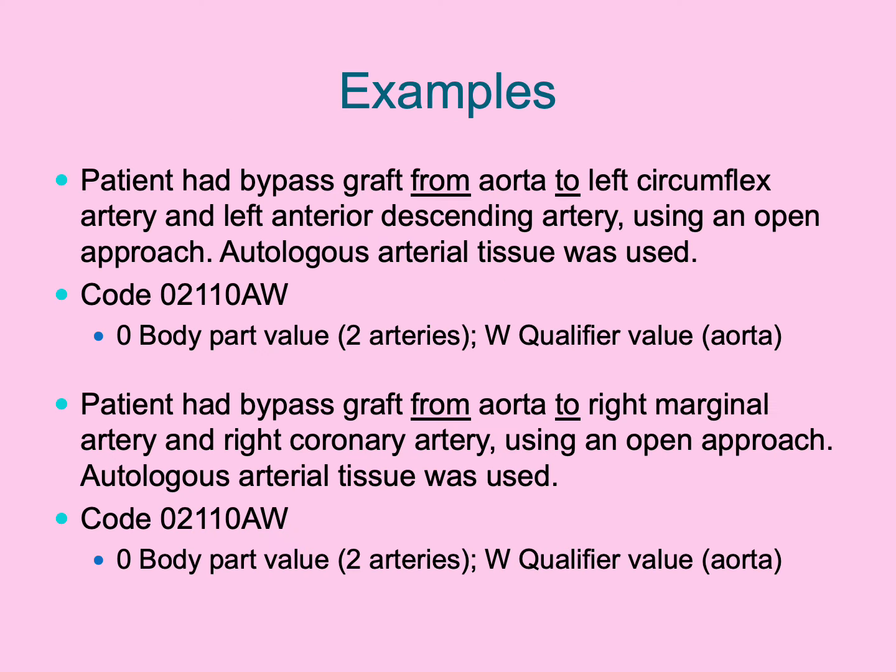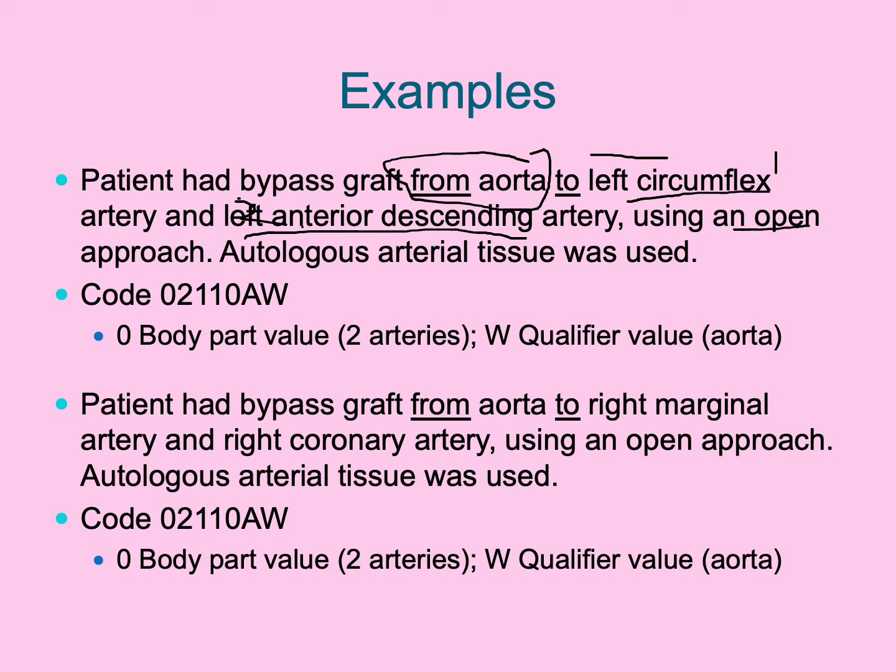So here are some examples to make this clear. We know the first 3 digits are medical and surgical, heart and great vessels, bypass: 0, 2, 1. So we have bypass from the aorta, so that'll be the qualifier value, right? Because that's the from. And the body part value is left circumflex and left anterior descending, so that's 2 coronary arteries.